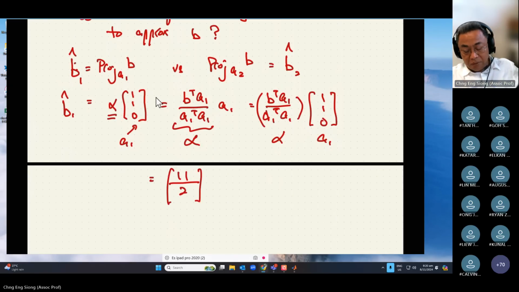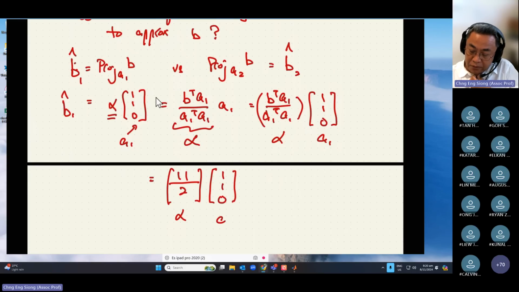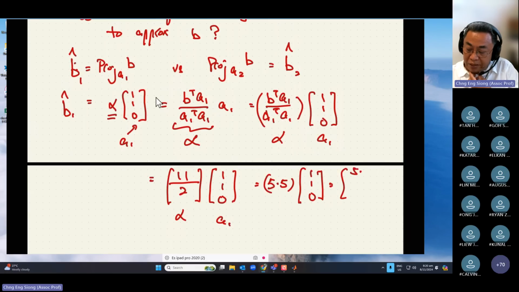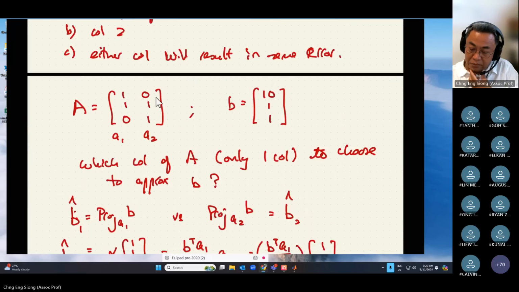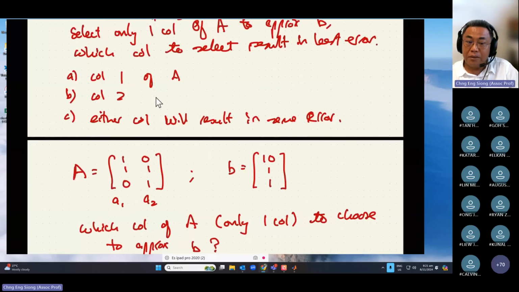And then, this is alpha, right? This is A1. And the answer is 11 divided by 2. So it is 5.5 times 1, 1, 0. The answer is 5.5, 5.5, 0.